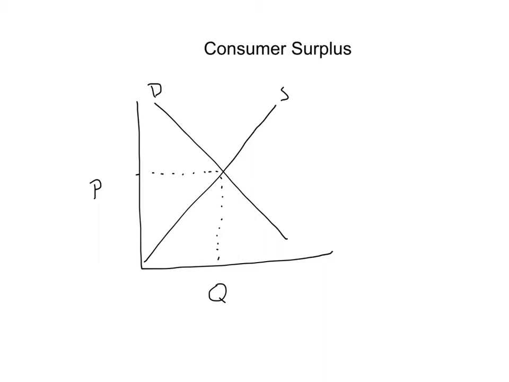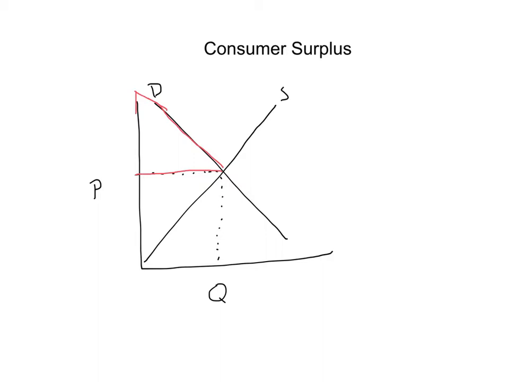Now, that fact can be represented on our graph in this way. I had to pay price P. There's our price, and everybody here is willing to pay that much. The demand curve is how much you're willing to pay. So how much you're willing to pay minus how much you actually paid is consumer surplus.